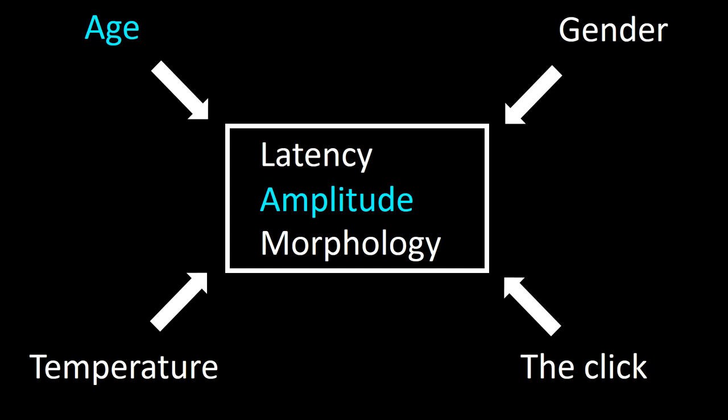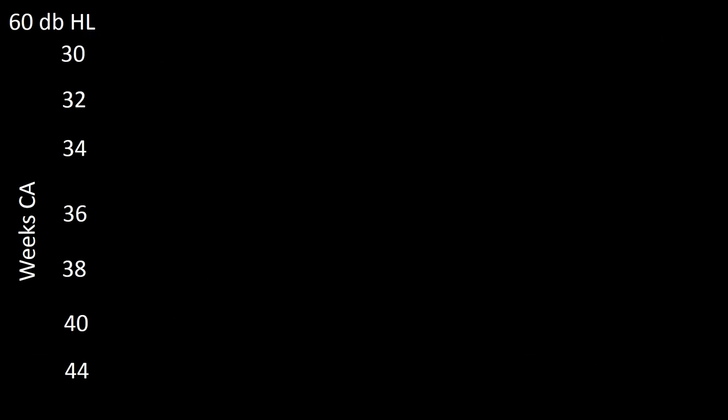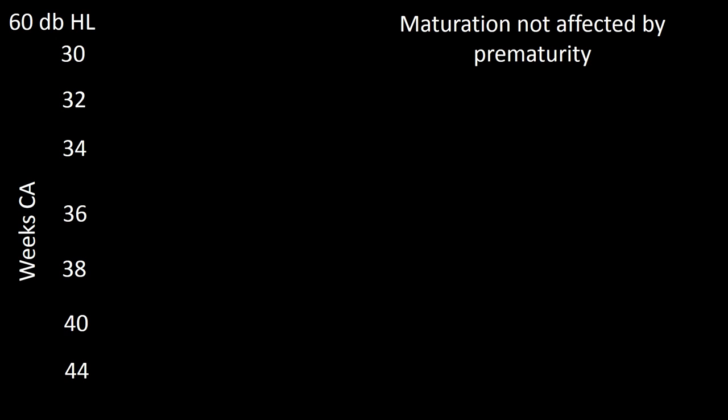Age also influences amplitude. This figure is the same figure I was showing you regarding conceptual age before. As you remember, time of birth does not affect maturation of the central nervous system or the peripheral nervous system.